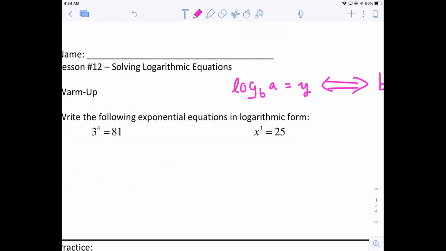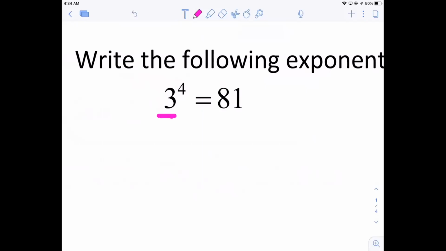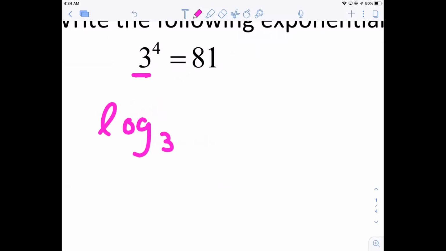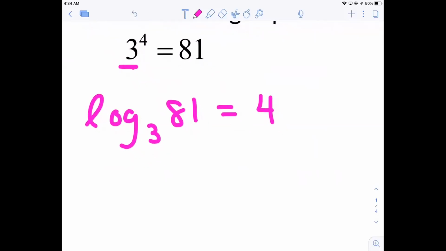The power is y. So now we're just going in reverse. The way I like to think about this is this 3 is the base, so log base 3 of 81 is equal to 4, because in exponential form, it's 3 to the 4th power equals 81.